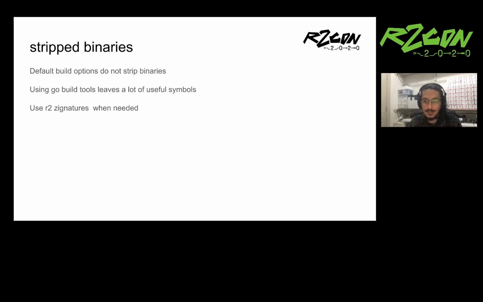In the cases where you are not able to identify a lot of these basic functions that we looked at, the technique is usually to use r2 signatures when needed. You will just write a simple hello world, create a database with the signatures from that particular binary, and then match those against your stripped binary. That way you can start identifying functions in your stripped Go binaries.